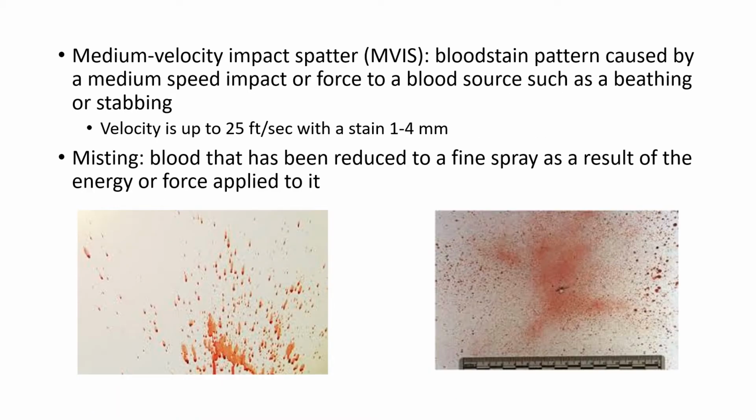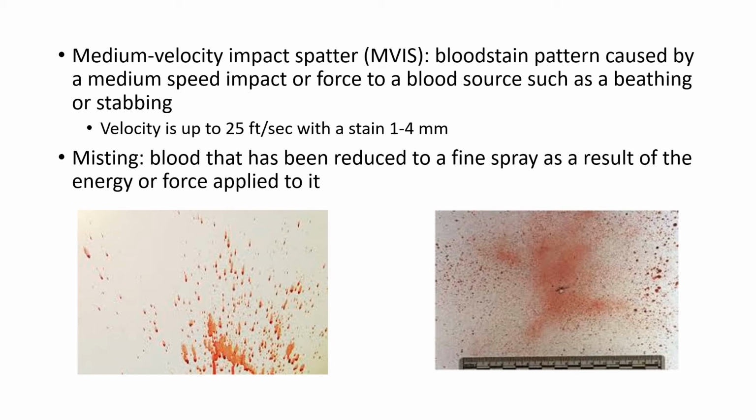We also come across medium velocity impact spatter, or MVIS for short. These are, yet again, kind of in between. So this is going to be a bloodstain pattern caused by a medium speed impact or force to a blood source. This could be a beating. It could be a stabbing, things like that.